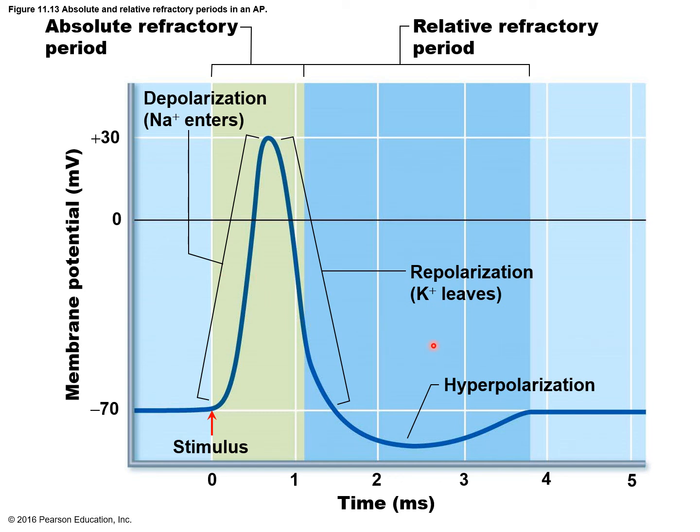This bluish, darker blue area here is the relative refractory period. So yes, you still have some of the potassium gates open. You're not quite back to the resting state. If you had a really strong stimulus, you could potentially, boom, go up again and have another action potential.